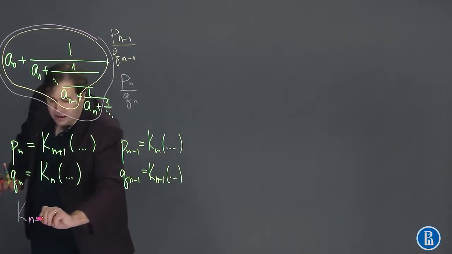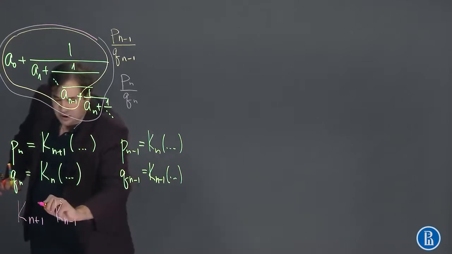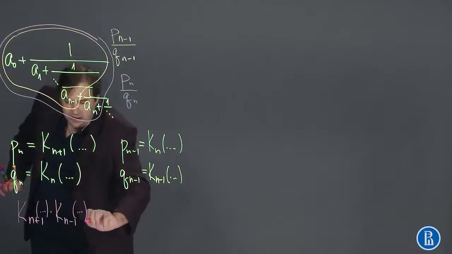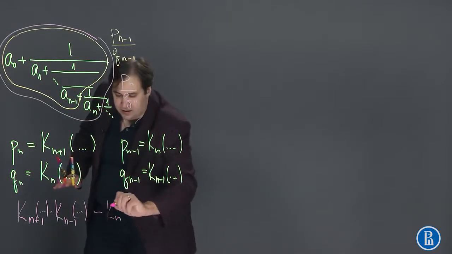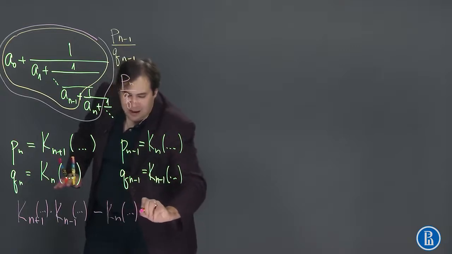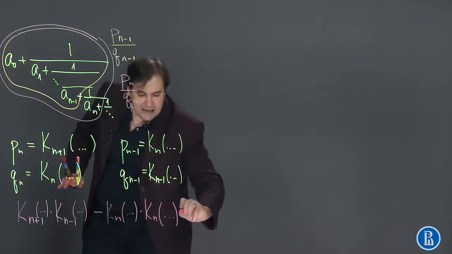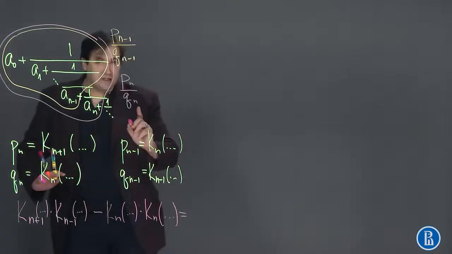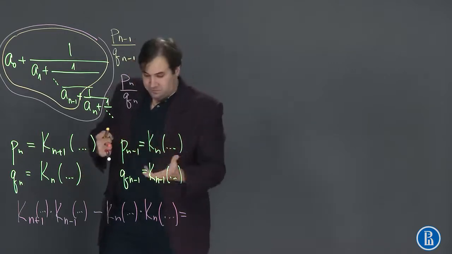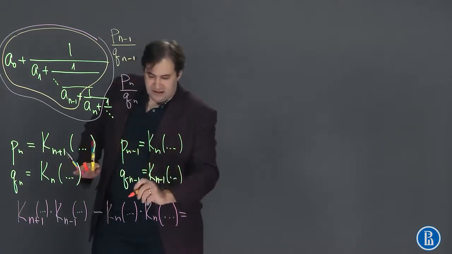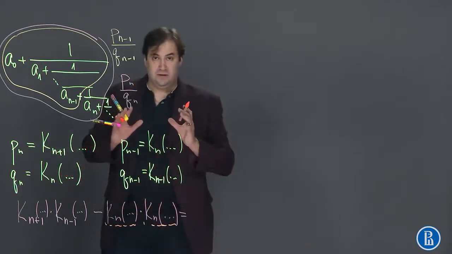K n plus 1 multiplied by k n minus 1, well, we have some variables here and here, minus k n multiplied by k n, is equal to, well, before I say what it is equal to, let me just emphasize that this and this are different continuants.